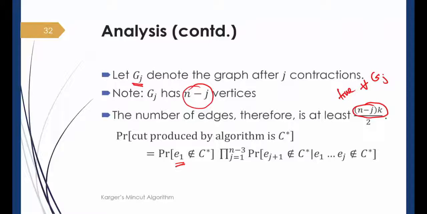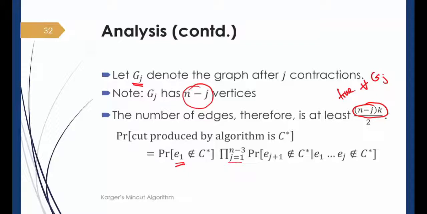That's the probability that E1 does not belong to C star, times, now going from j equal to 1 to n minus 3, the probability that E2 does not belong to C star, the probability that E3 does not belong to C star, and so on up to the probability that En minus 2 does not belong to C star.